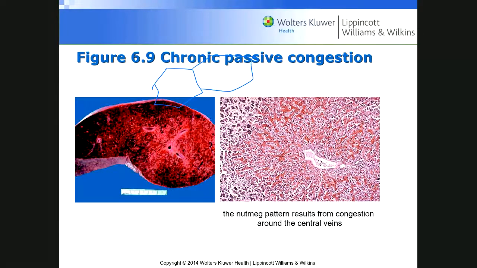So this area here is known as the portal triad, which means it has your hepatic artery and hepatic portal vein, and the hepatic artery and hepatic portal vein bring the blood together and it pours into this area known as the sinusoid.